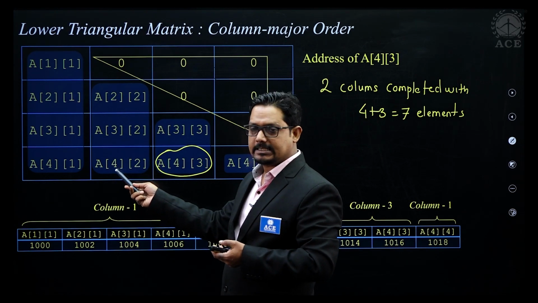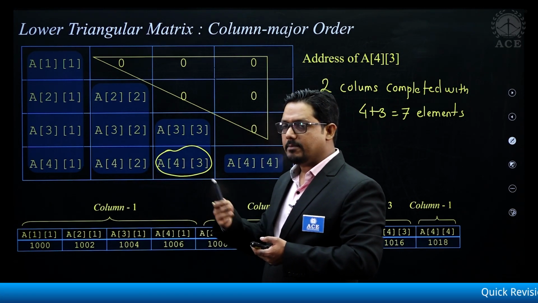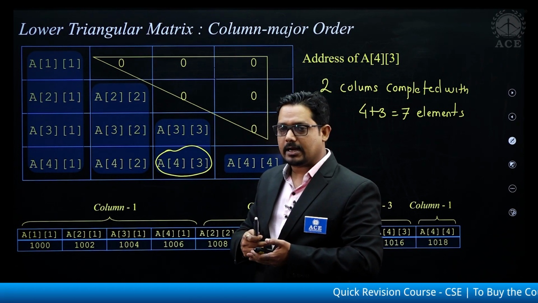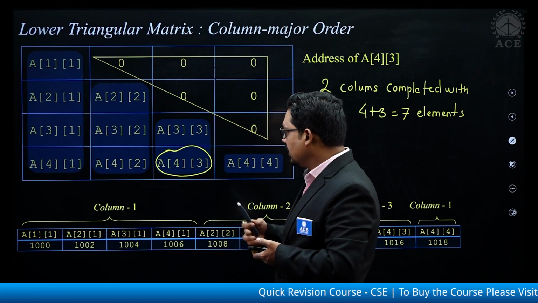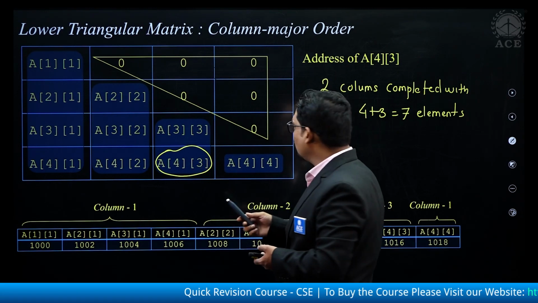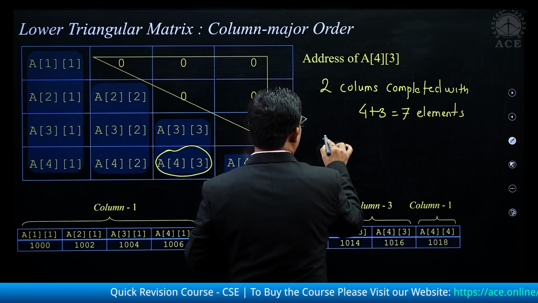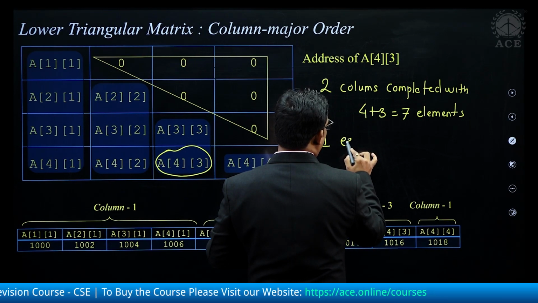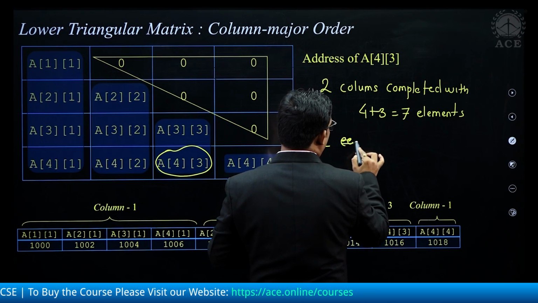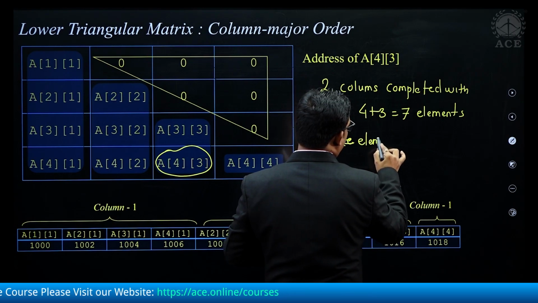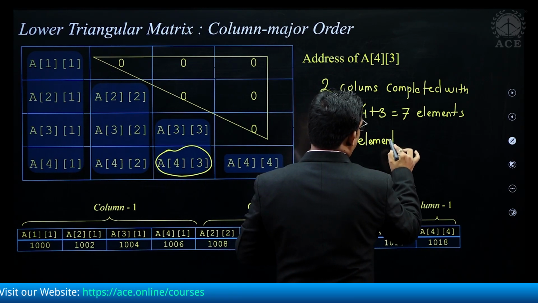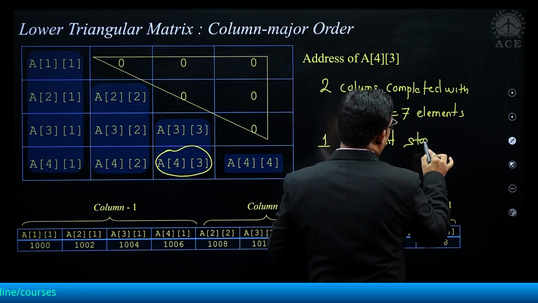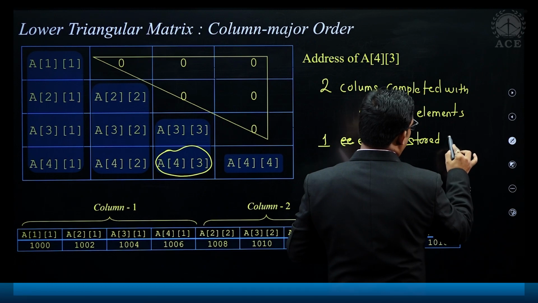So if this is the index i and this is the index j, i minus j indicates the number of elements arranged in that particular column. In this case it is 4 minus 3, that is 1. So 1 element is already stored in the last column.